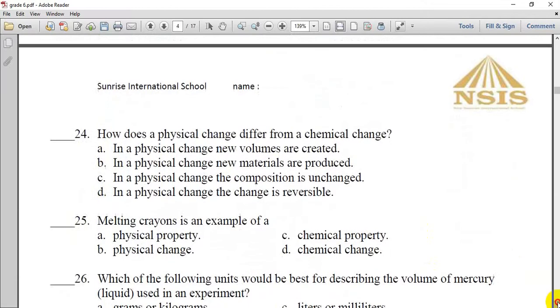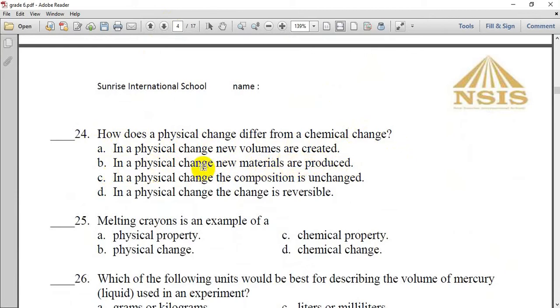How does a physical change differ from a chemical change? In this question, we need to know the difference between physical change and chemical change. So, letter A, in a physical change, new volumes are created. In a physical change, we have new volume, the volume changed. Or in a physical change, new materials are produced.